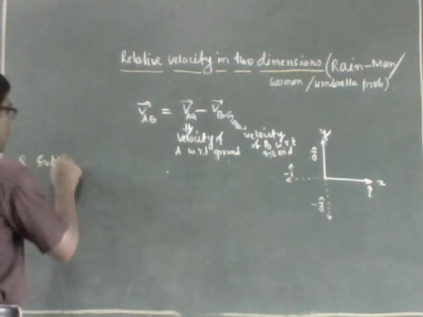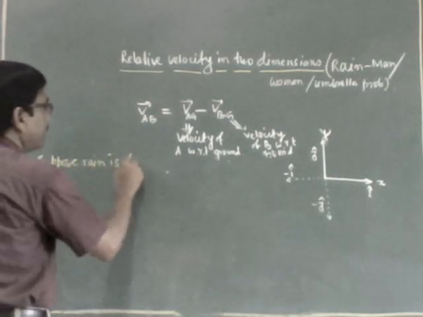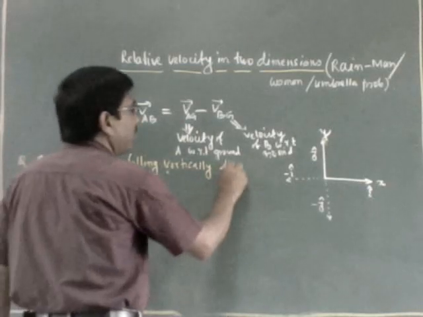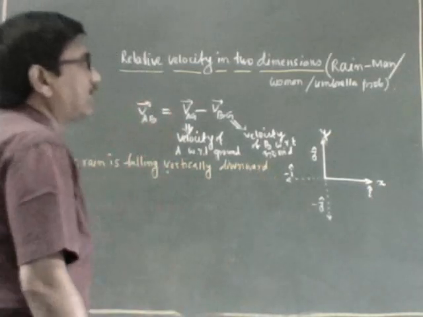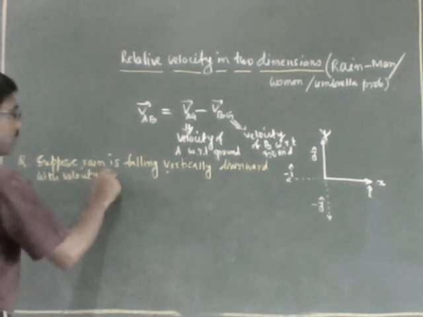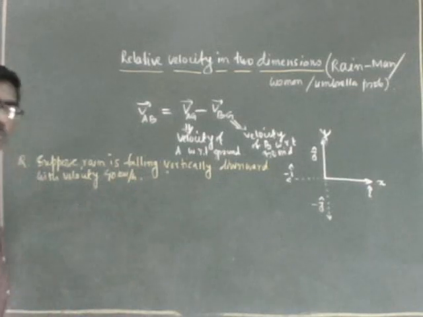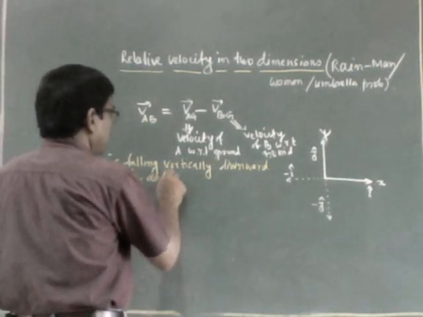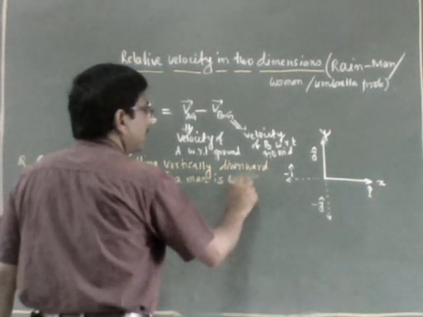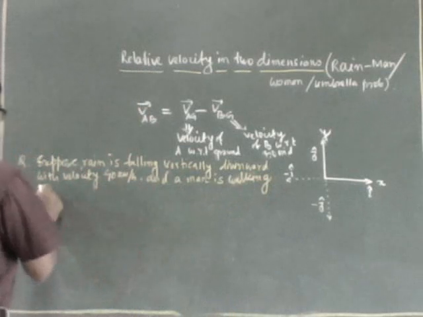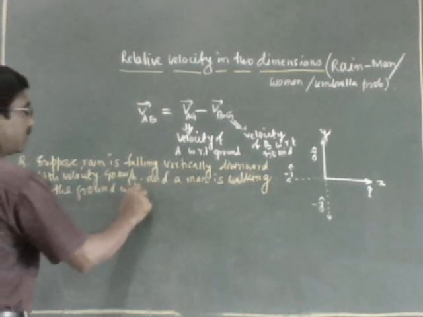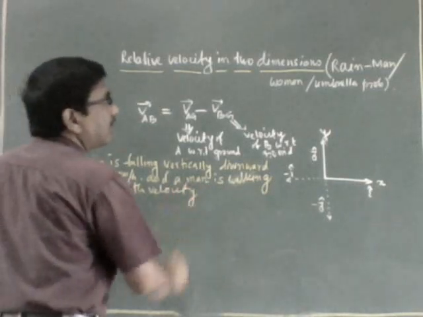Suppose rain is falling vertically downward with velocity 40 km per hour, and a man is walking on the ground with velocity 30 km per hour.